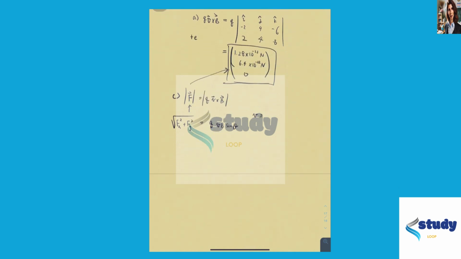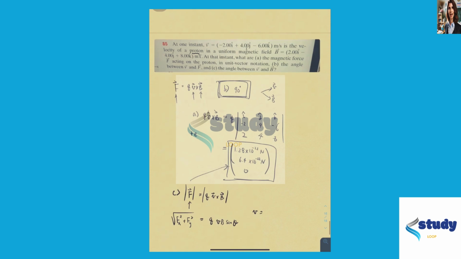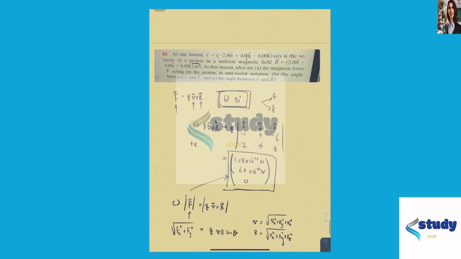This is equal to qvB sin θ, where v is the magnitude of the velocity vector, given by the square root of vx² + vy² + vz². Same thing with B, given by the square root of Bx² + By² + Bz².